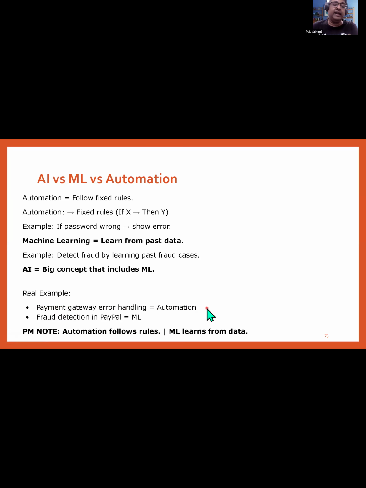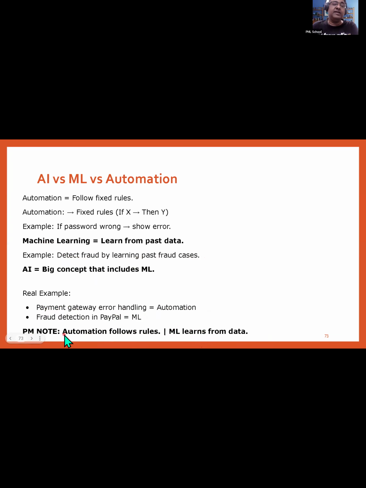Here there is no AI required, because no new data is coming, so you just use an automation framework rather than putting ML into it. And fraud detection in PayPal is machine learning because it detects fraud by learning from past data. So automation follows rules. Machine learning, which is part of artificial intelligence, learns from data, right?